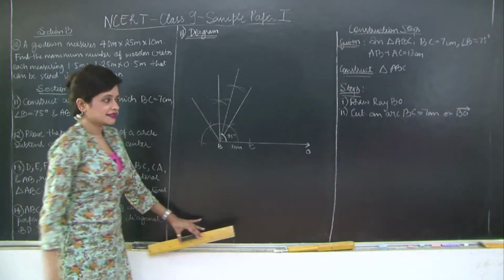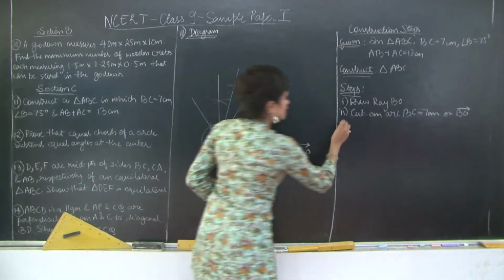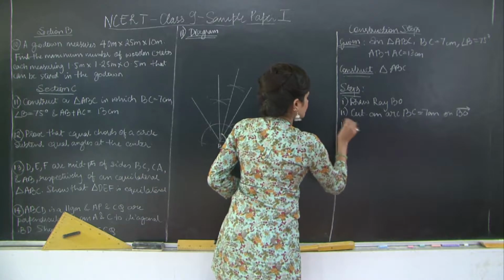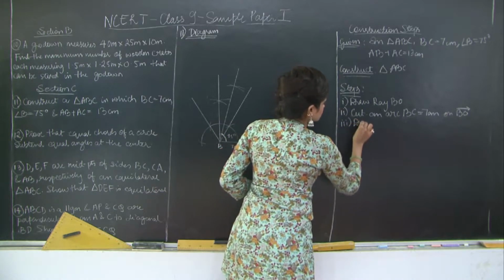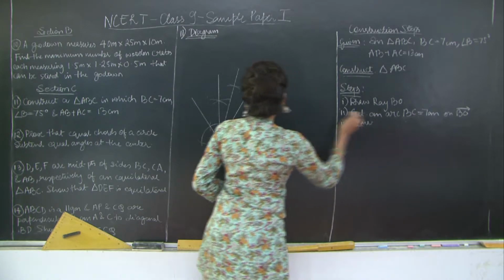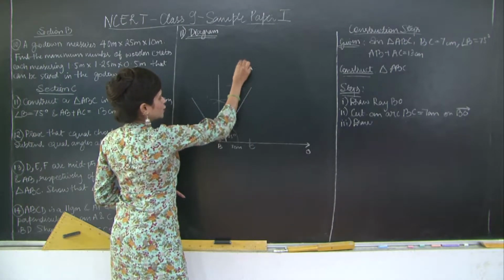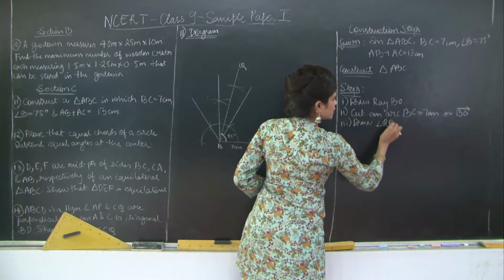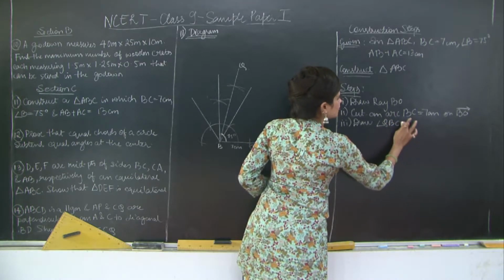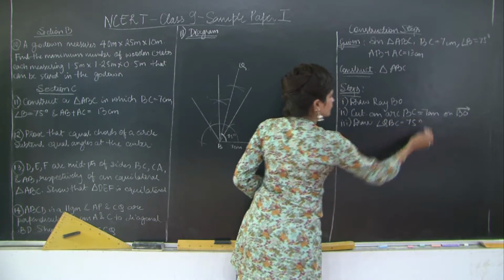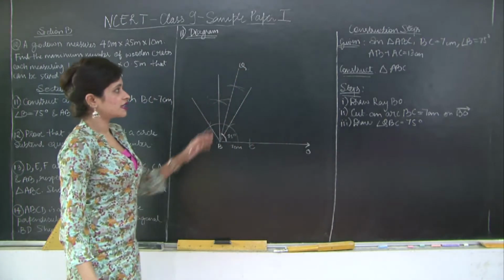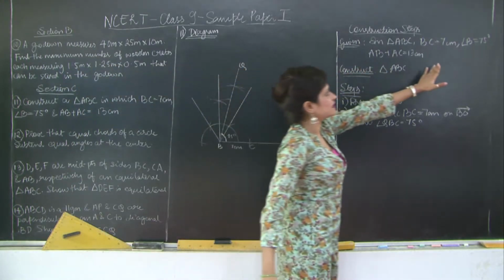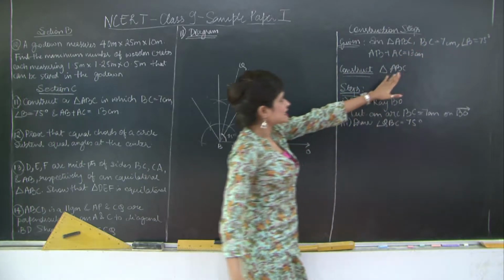So what is my next step going to be? My next step is going to be: draw, let's give it a name, Q. Draw angle QBC equal to 75 degrees. Now we have drawn the base, which is 7 centimeters, and angle B, which is 75 degrees.